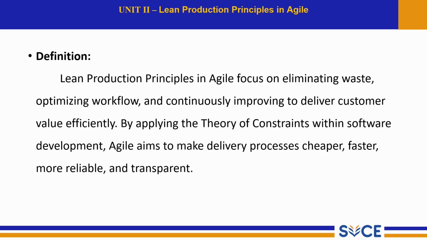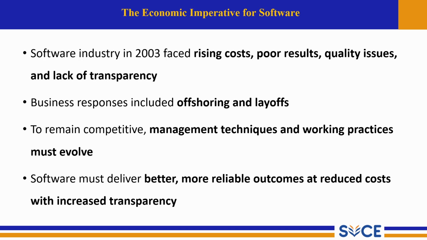By applying the theory of constraints within software development, Agile aims to make the delivery process cheaper, faster, more reliable, and transparent. And next we will move into the economic imperative for software.